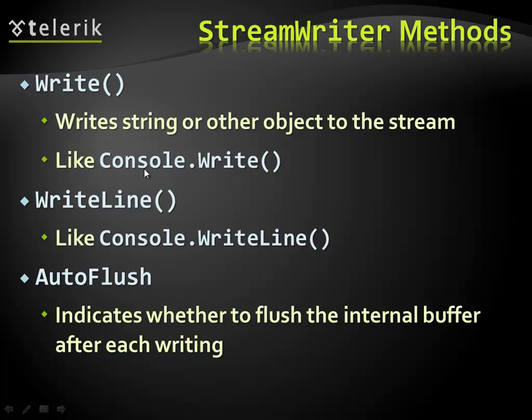So we have the Write and the WriteLine. Writing is actually done through a memory buffer. First the data is written to a memory buffer on the way to the file system. If we have already written some data and we want to make sure that it finds its way to the file, I'll demonstrate that, we'll need to call the Flush method.